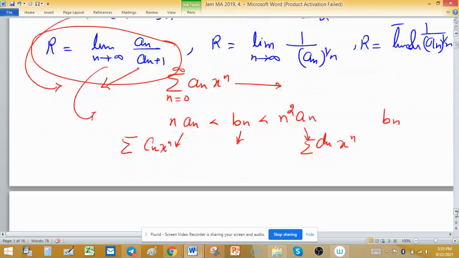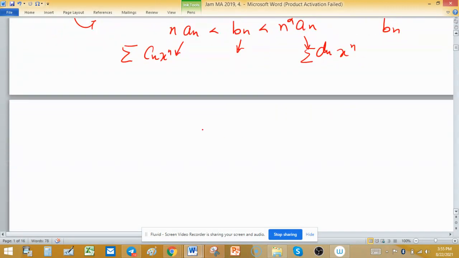So we will use this inequality to find the radius of convergence, or anyhow form the format of b_n upon b_{n+1}, or I can use R equal to limit n tends to infinity 1 upon b_n raised to the power 1 upon n, because we have to find the radius of convergence of b_n.